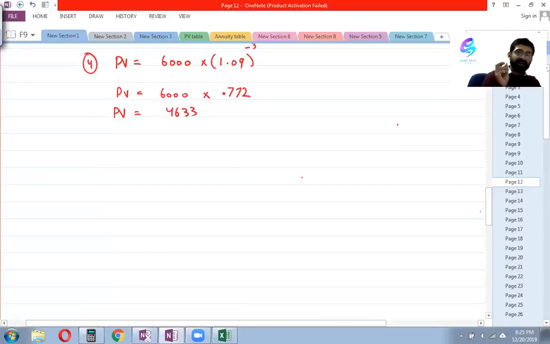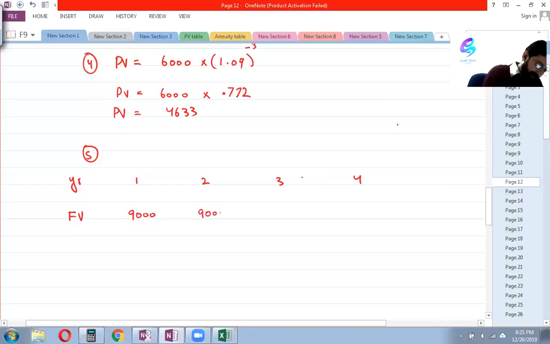actually, I'll slightly change the format. I'll write years here, 1, 2, 3, and 4. I'll write the future value, 9,000 in year 1, 9,000 in year 2, 9,000 in year 3, 9,000 in year 4.